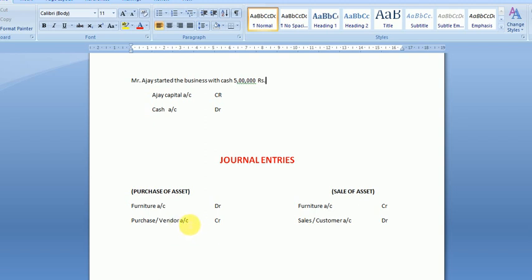If the vendor is not specified, I have to go with the purchase account. This is the entry to purchase an asset, and the corresponding sale of asset is the furniture account will be credited and sales or customer account will be debited. Similarly, if the customer is not provided, I have to go with the sales account, and if the customer is provided, then I have to go with the customer account. So we will see how to enter these transactions in Tally Prime.